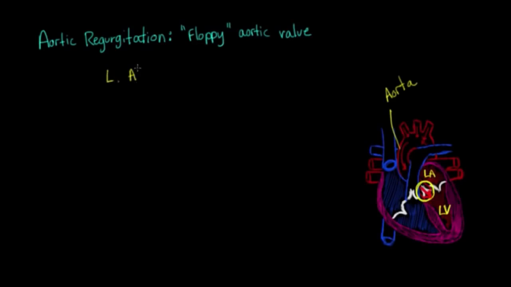So the flow of blood would be normally from the left atrium to the left ventricle, and then out of the aortic valve to the aorta and to the rest of the body. But here, blood is actually coming back from the aorta into the left ventricle through the regurgitant aortic valve.